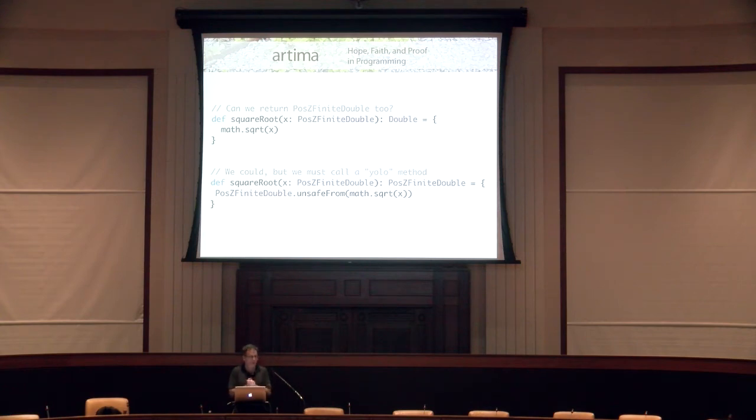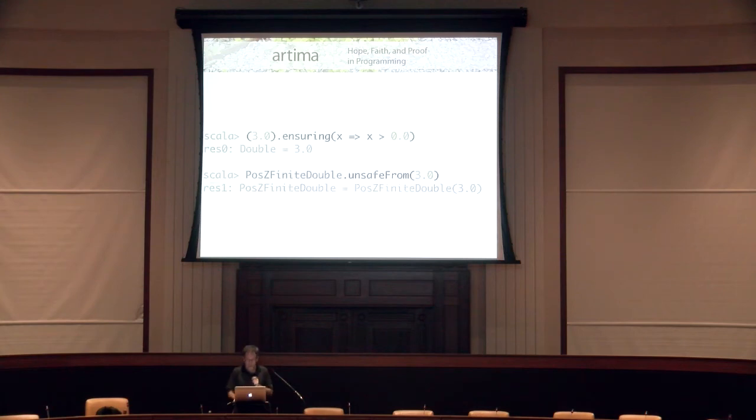But then it hit me, and this was my insight, that it's kind of like ensuring. Remember ensuring, you call it on 3.0, and then there's a function that's an assertion. If it passes that assertion, you get 3.0 out the other side. So just the 3.0 goes through this assertion, or you get an exception, right? So here, when I'm saying PosFiniteDouble.unsafeFrom, I'm passing in 3.0, and it does this validation assertion on it.